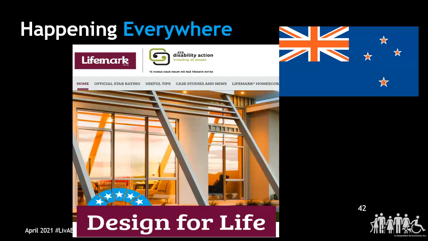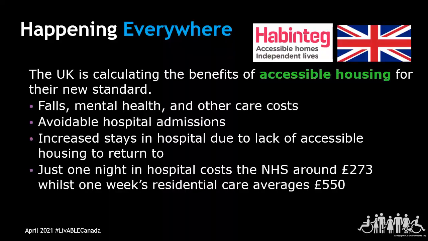In the UK, we have Habinteg, which has been working on accessible houses and independent lives for a long time, and they are often advocating to government about improving accessible legislation. They have pointed out that the UK benefits for accessible housing include a reduction in falls, mental health, and other care costs, avoidable hospital admissions, and increased stays in hospital due to a lack of accessible housing to return to.